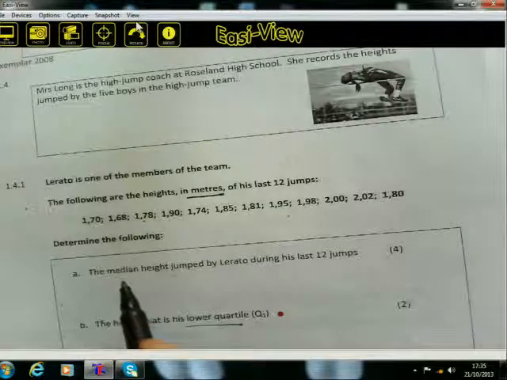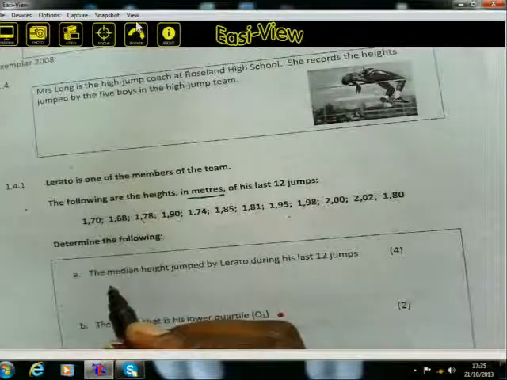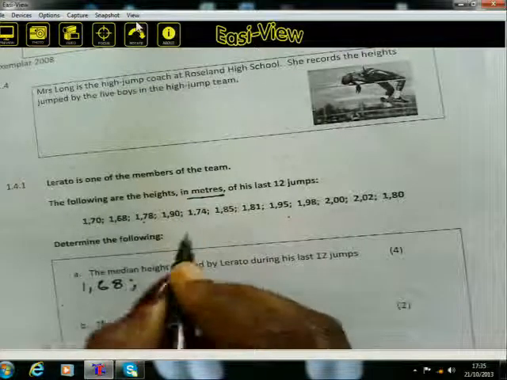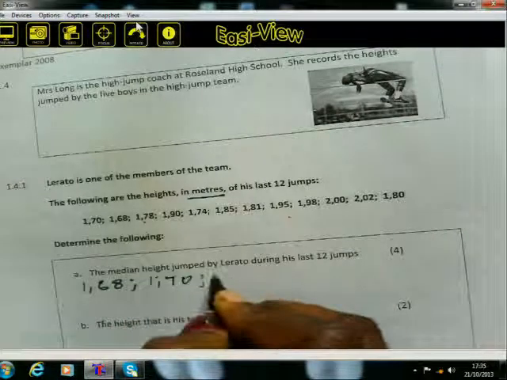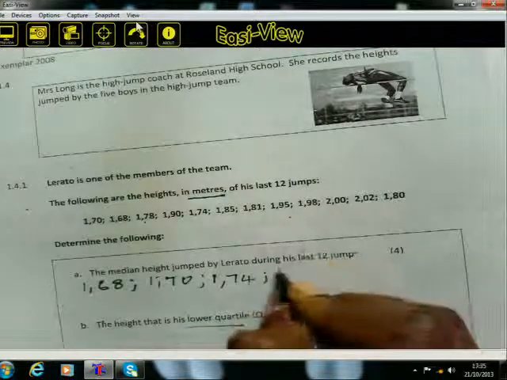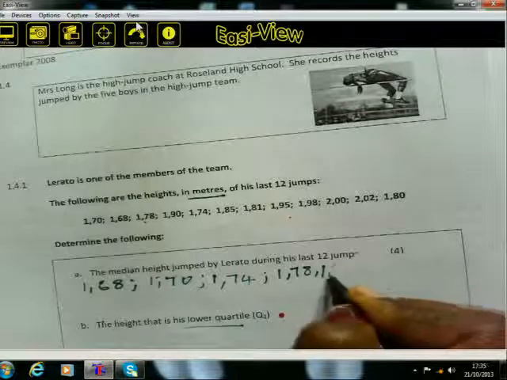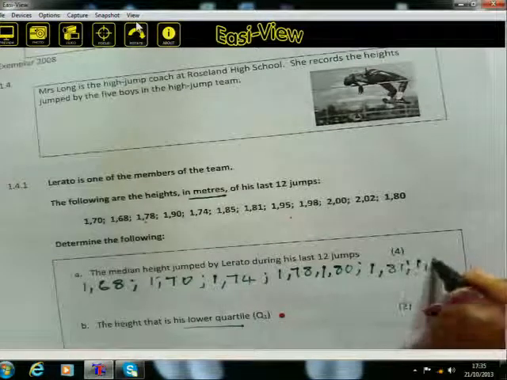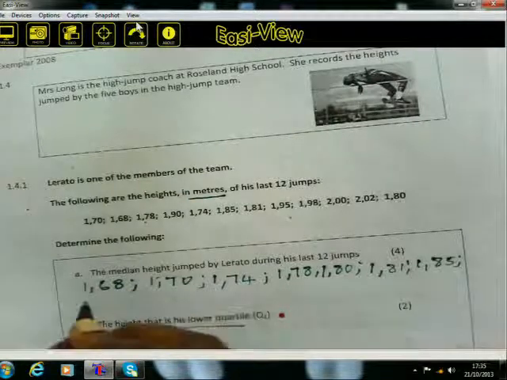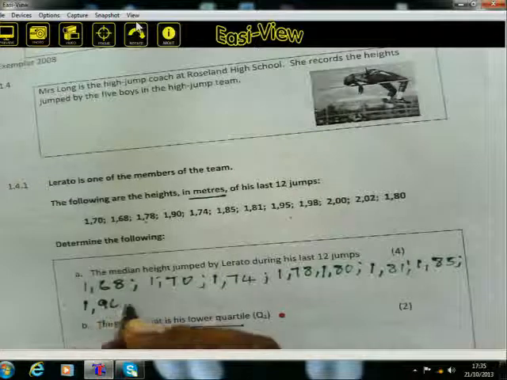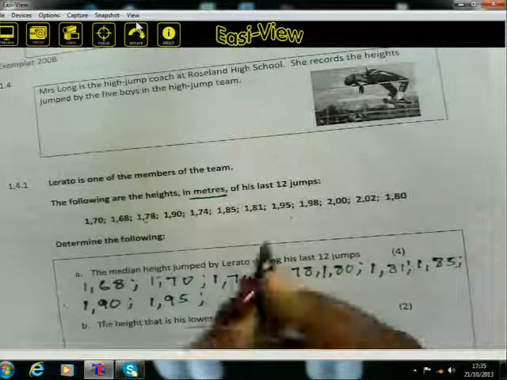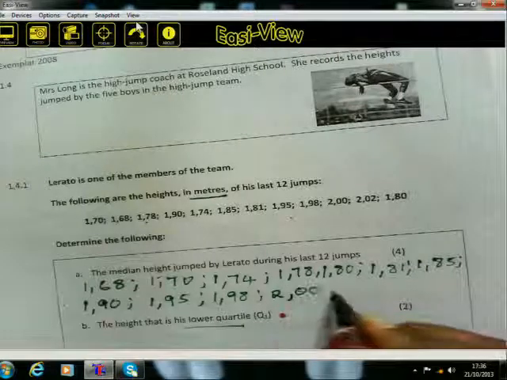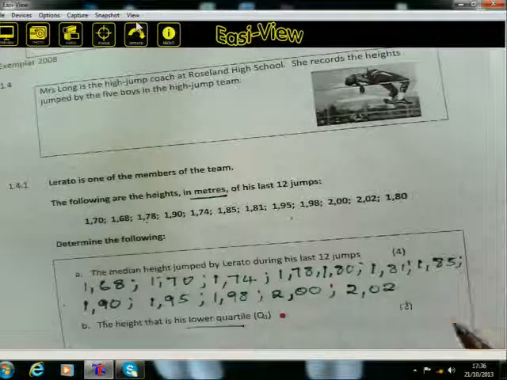Remember, you had 1.68; here you had to rearrange it like this: 1.68; 1.70; 1.74; 1.78; 1.80; 1.81; 1.85; 1.90; 1.95; 1.98; 2.00; 2.02.